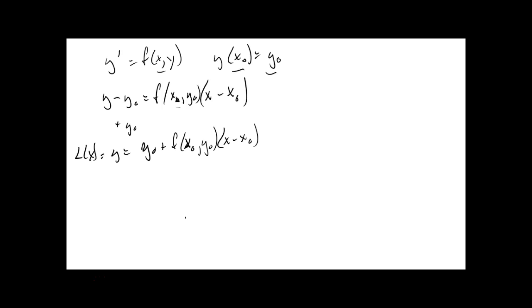Here's the slope. So your linearization, your first guess here, is that y minus y0 is equal to the slope times x minus x0. It's point slope formula. And then add the y0 to both sides, and you have y is equal to this. So this is a linear approximation to what that function's doing.